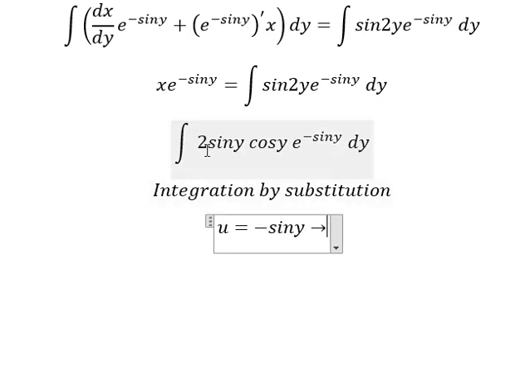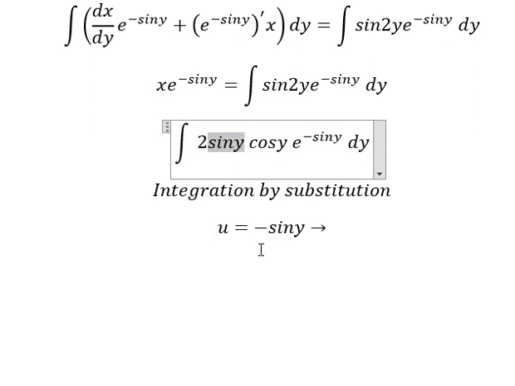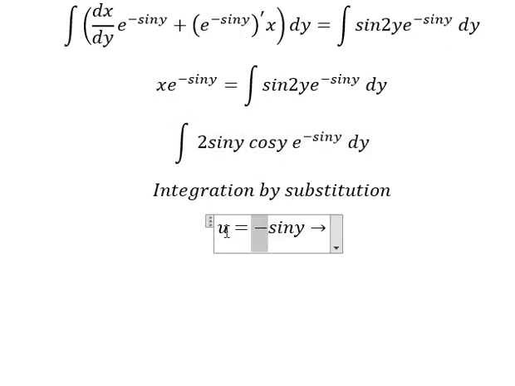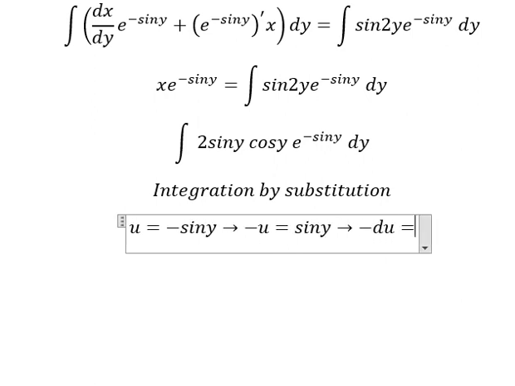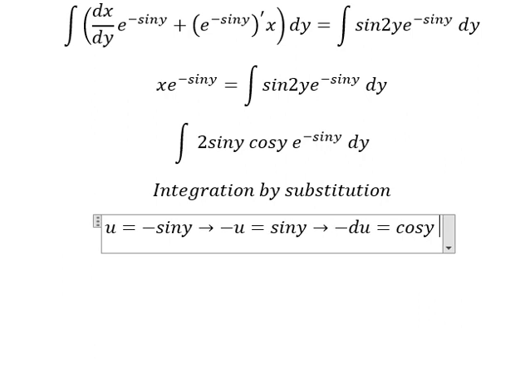Because we don't have the negative in here, so I will put this one go to the left. Next, we need to take the first derivative of both sides, and we have negative du equals cosine y dy.